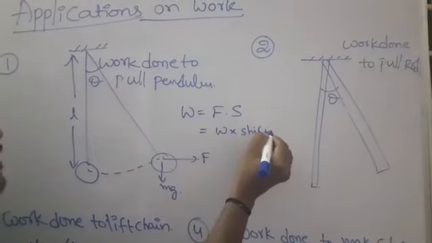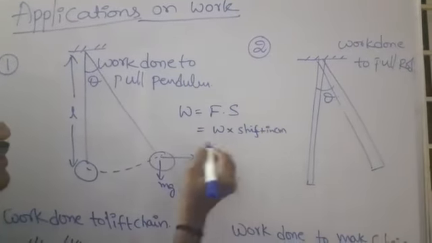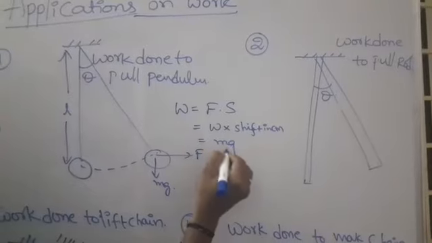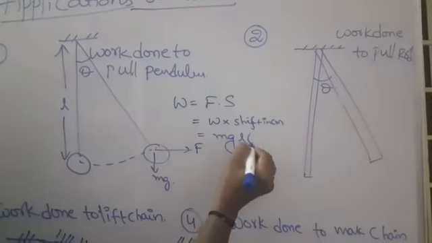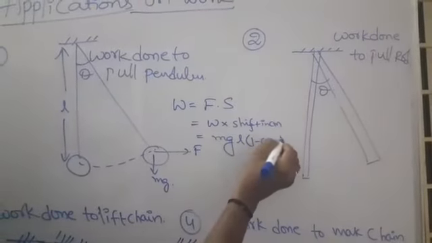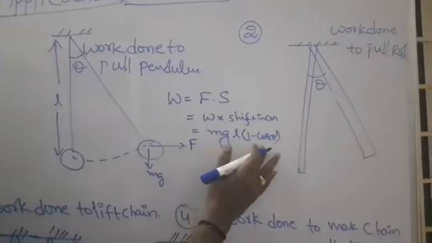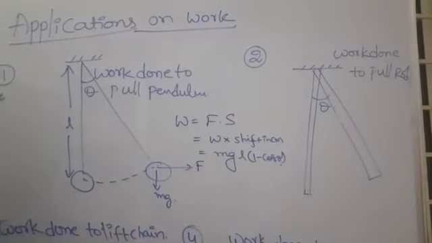The weight is mg, and the shift in center of mass is L into 1 minus cos theta. So the work done is mgL into 1 minus cos theta.